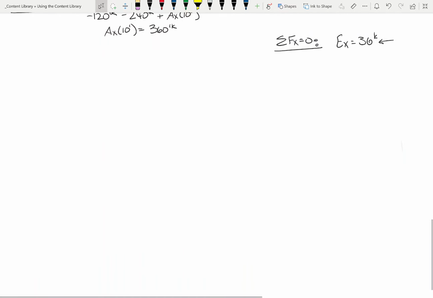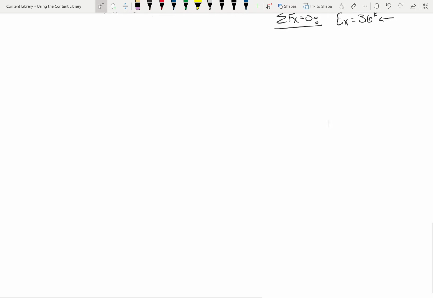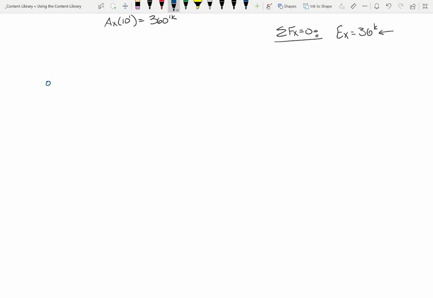All right. So I'm going to solve this structure utilizing the method of joints. This is the way I'm going to do it. I'm going to use, like in AutoCAD, the explode command, and I'm just going to separate everything. So I'm going to draw the truss like this.